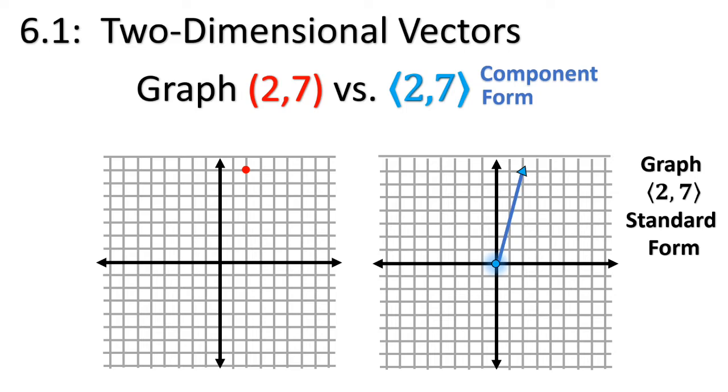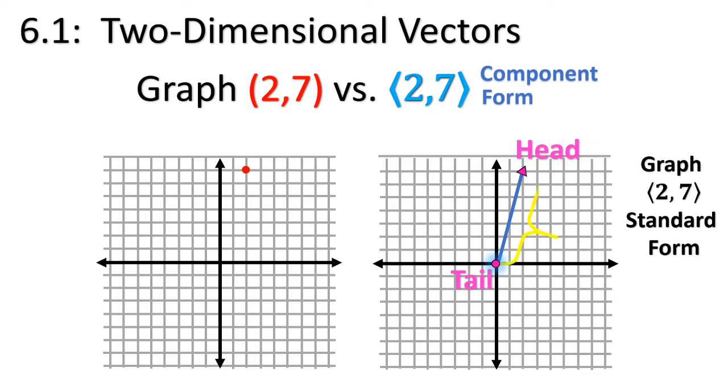Now for some vocabulary. The 2 and the 7 are known as components. The whole thing is the vector written in component form. The point where the vector starts is known as the tail. The arrow is known as the head of the vector.